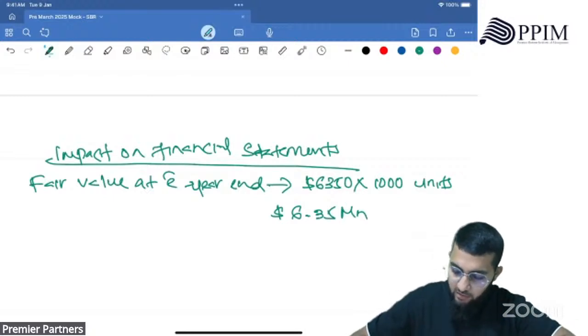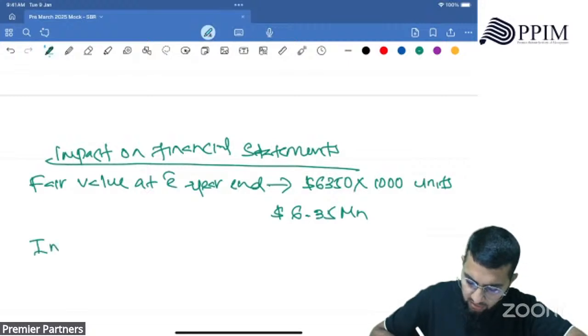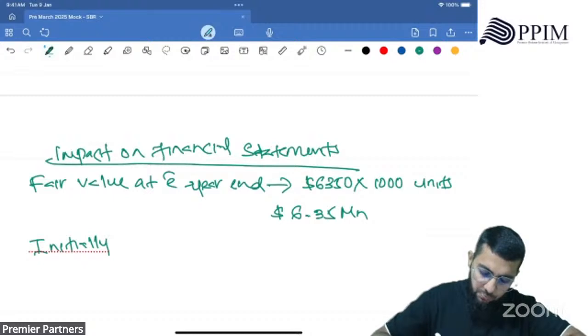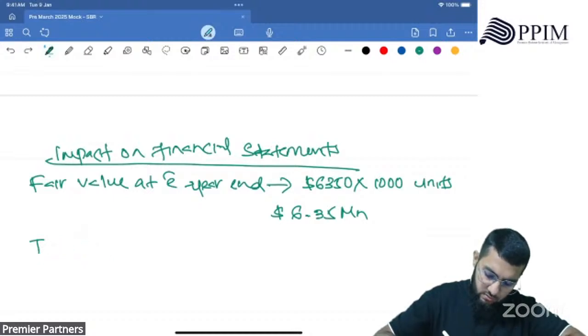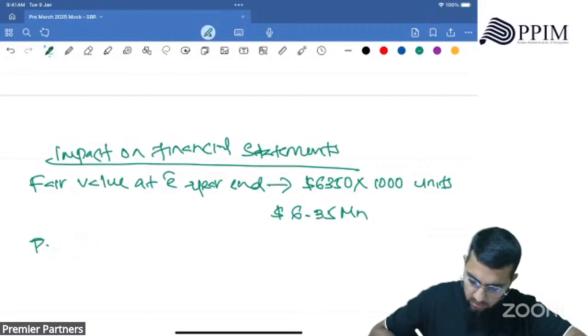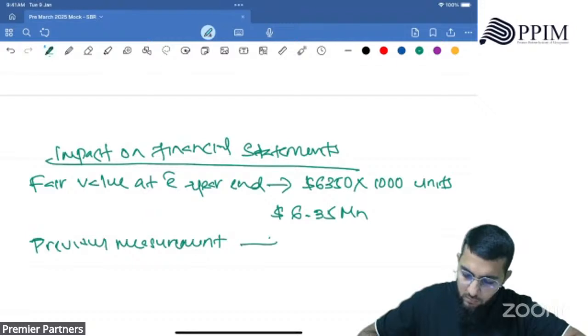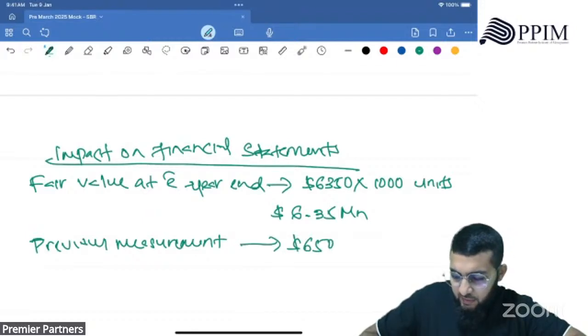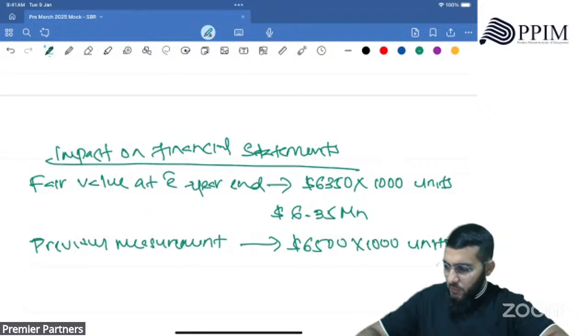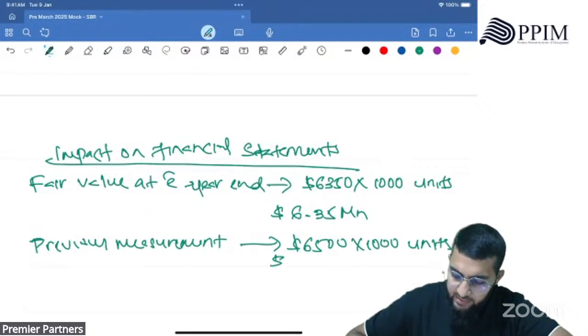6.35 million. But what was the initial recognition, or previously measured at? The previous measurement was 6,500 into 1,000 units, right? So that was 6.5 million.